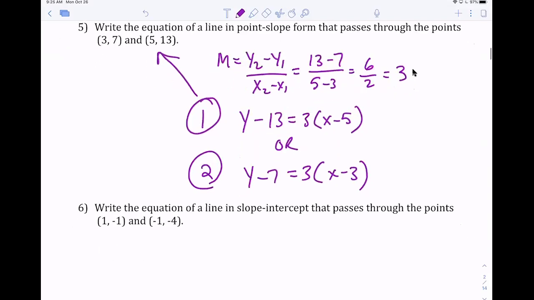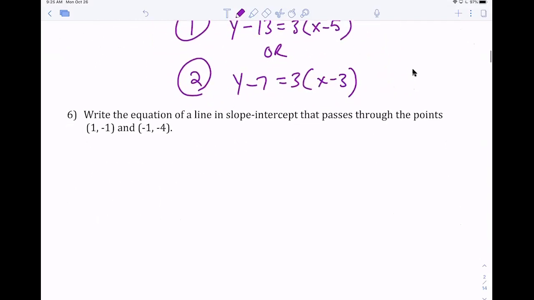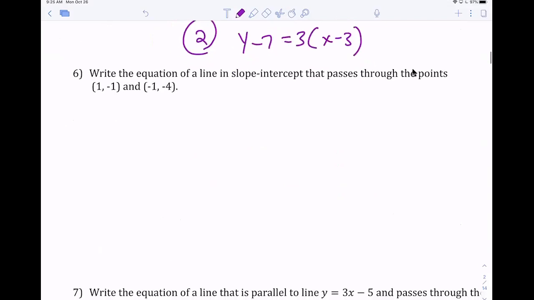All right, here we go. Tucker, number 6. You're doing the slope intercept, so you want to do m equals y2 minus y1. All right, what is that?